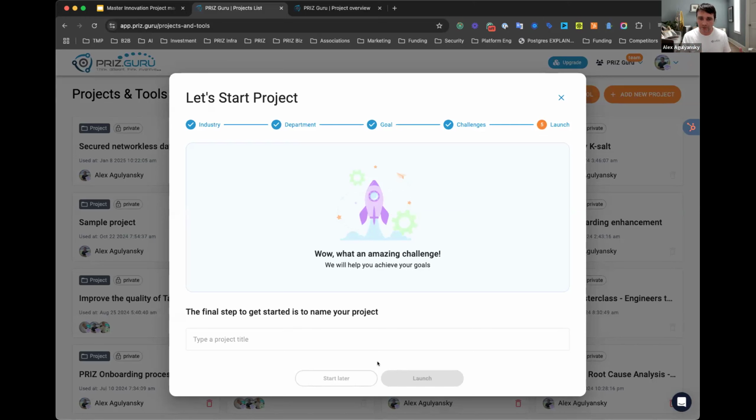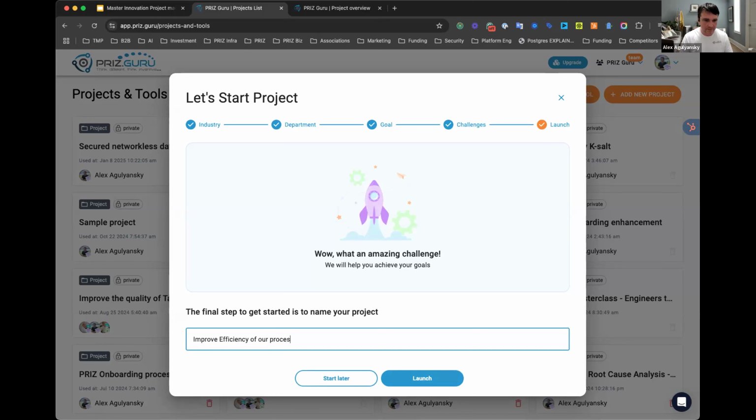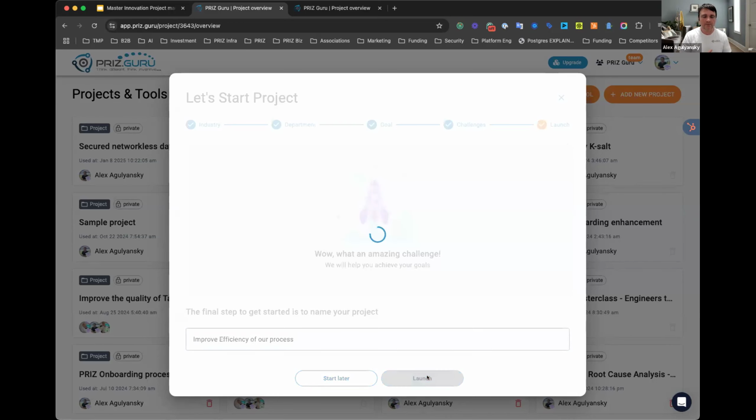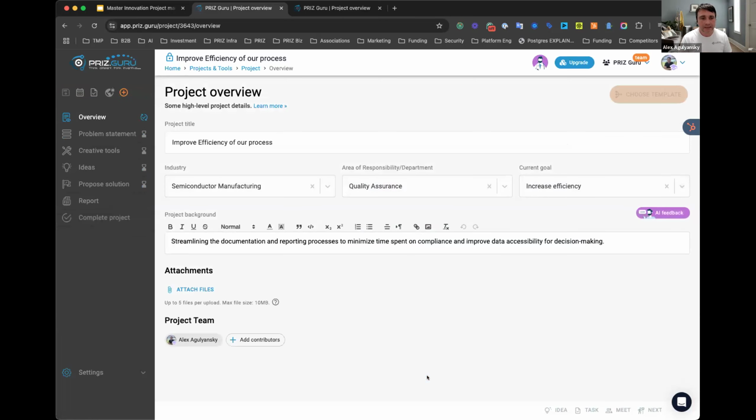But when you don't know what you're doing, and you have a potential high-level goal in mind, then the test is not going to work. You actually need to start engaging your brain, right? And that's one of these steps. So let's give it a title, improve efficiency of our process, and we'll kick off the project, right?